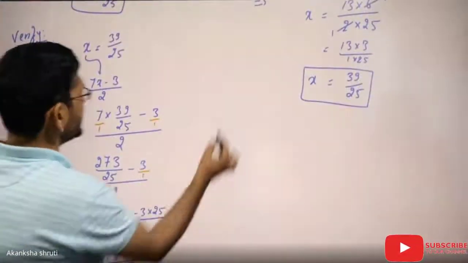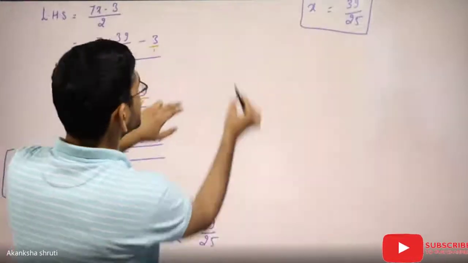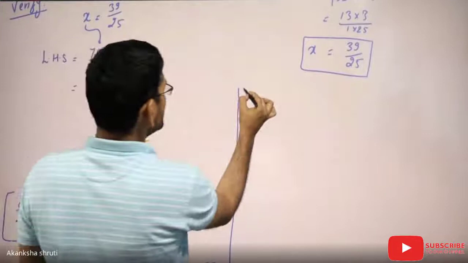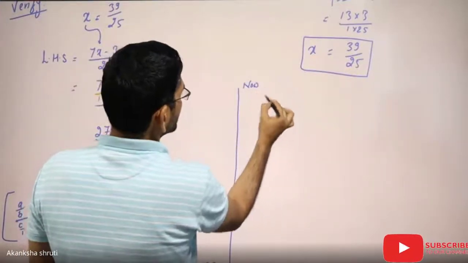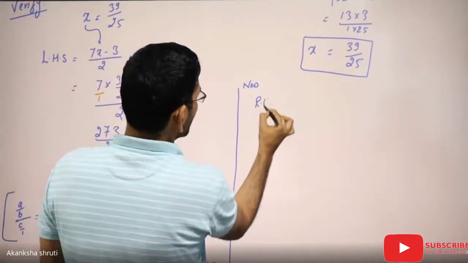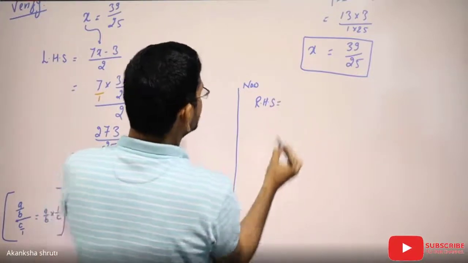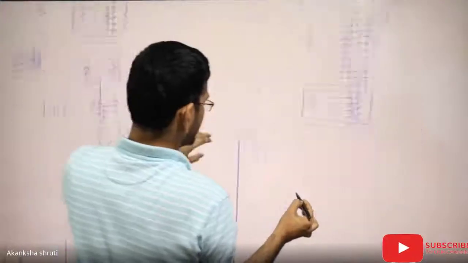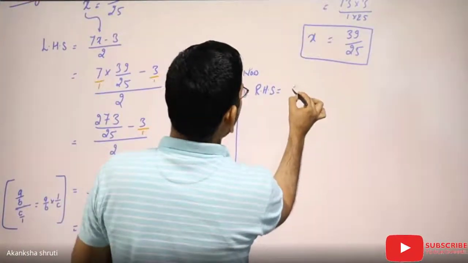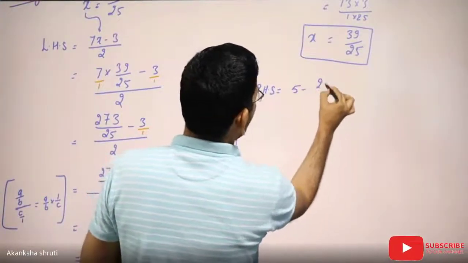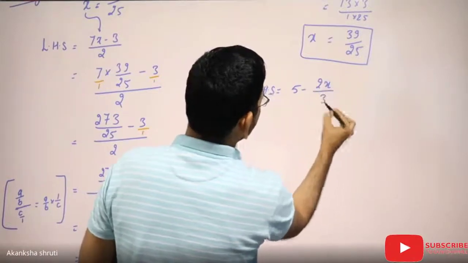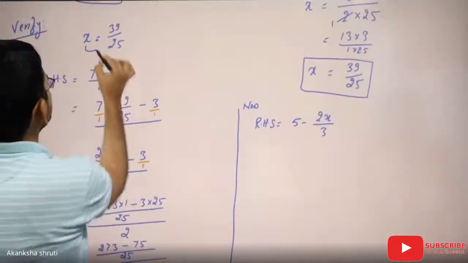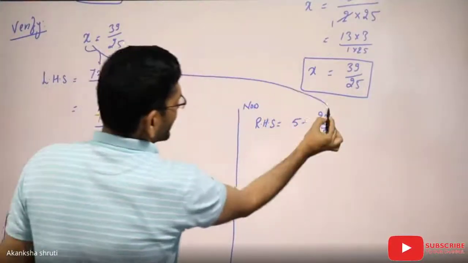Now again, we have to do the same exercise for our RHS. Our RHS given is, let us write it, 5 minus 2x by 3. 5 minus 2x by 3. It is this one. So student, again we have to substitute the same x in our RHS here.